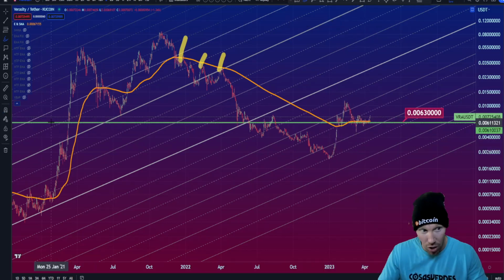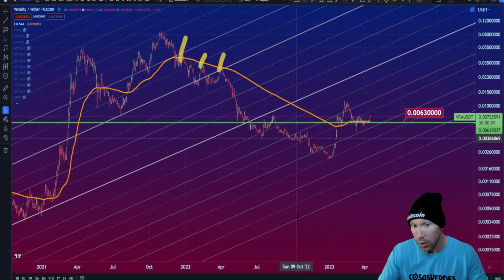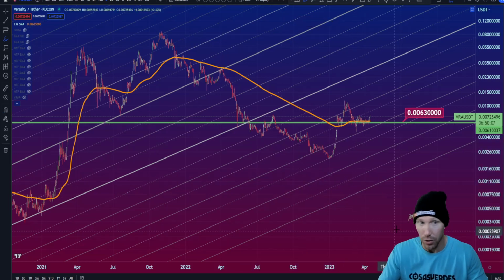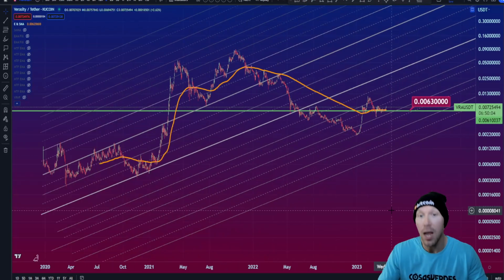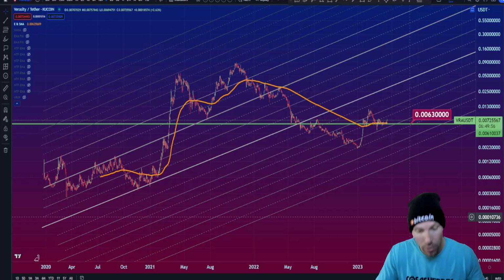If you see it go below this green line, it's kind of like cutting price in half. But just simply the daily 200 plus origin lines. I'll zoom out so you can attempt to copy these origin lines. I have posted the Verasity origin lines in the Discord Cryptillion tutorial channel, and it's there forever.